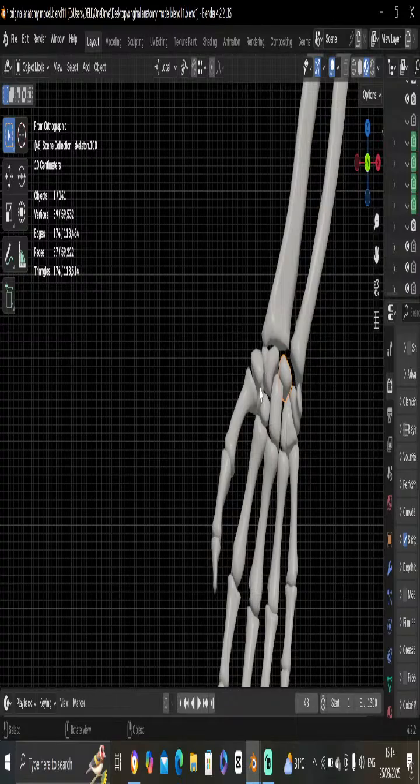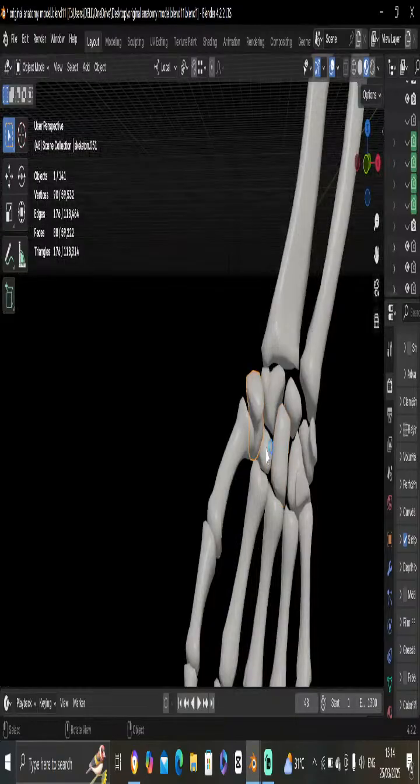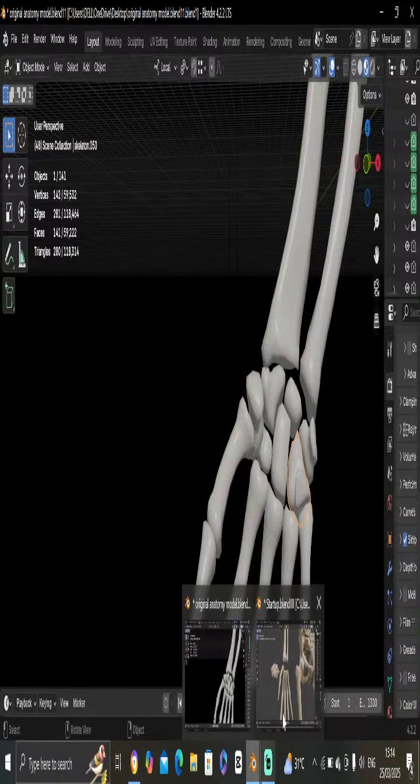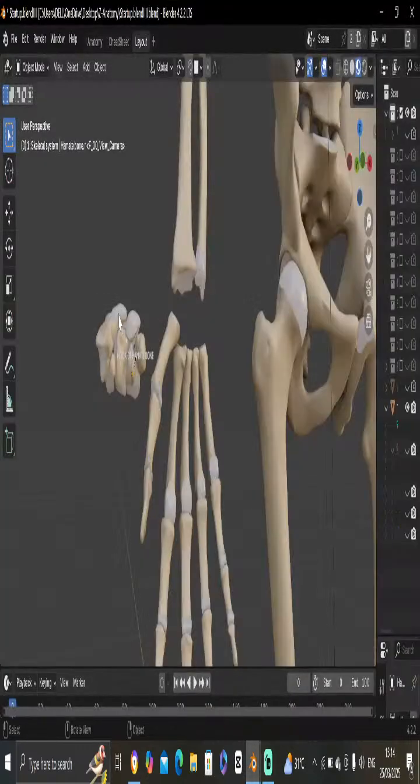While these 4 bones, 1, 2, 3, 4, are in the distal row. So they are 8 in number, and we'll start.